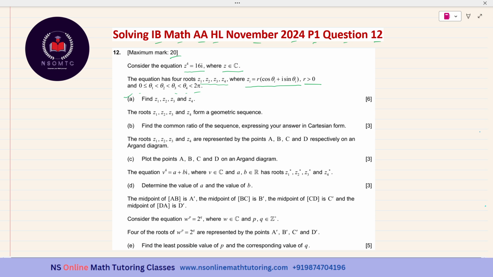Part A's question is: find z1, z2, z3 and z4. It contains 6 marks.